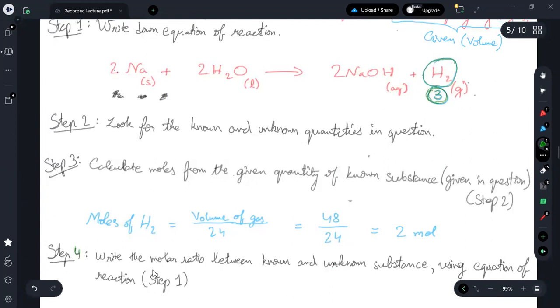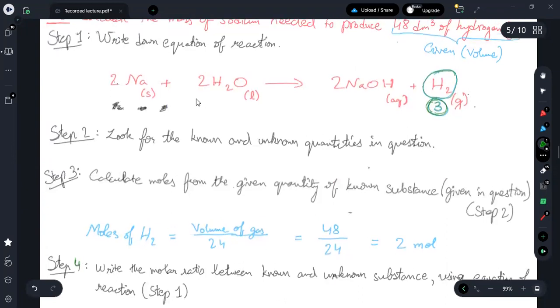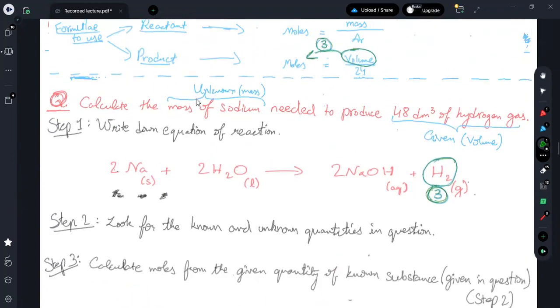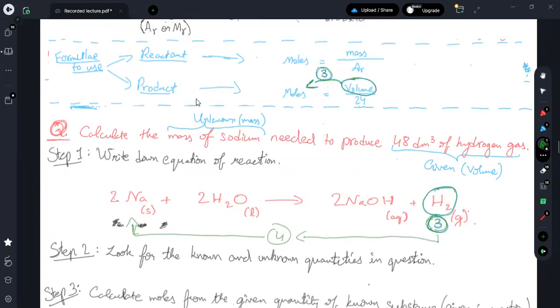From here you have to write down the molar ratio, that is how many moles of hydrogen are actually giving sodium according to the equation. So this is step number 4, which is moving from the known thing to the unknown, which is going to tell us how many moles will be formed using the equation.